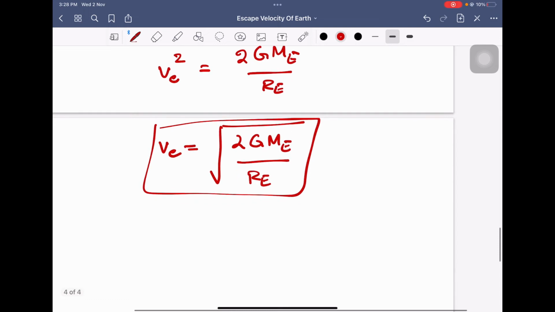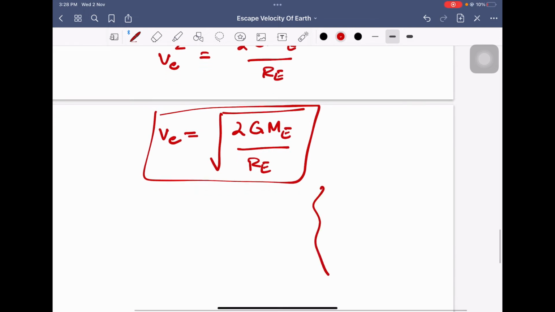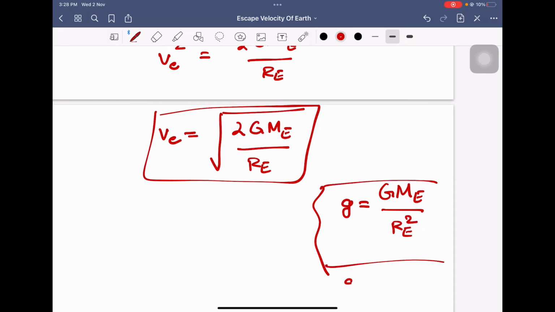Now we know an equation for acceleration due to gravity on the surface of Earth: g is equal to G Me divided by Re squared. From this equation we can write g Re squared is equal to G Me. So we will make this substitution here.